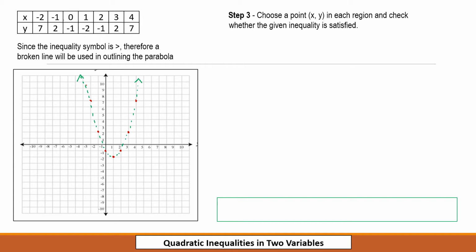Okay, first we will choose a test point inside the parabola. So inside the parabola, let's say we have the test point 1, 1, this point. So we will use it as a test point.